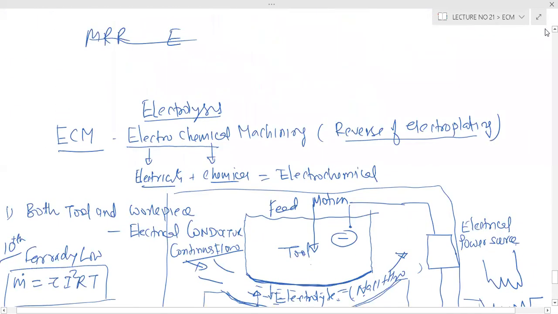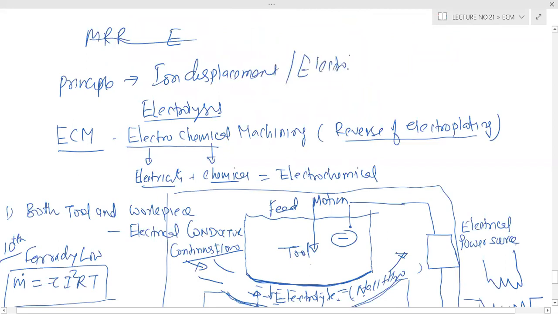The principle is ion displacement, or we can say electrolysis, or movement of ions. That is the same thing: displacement, movement of ions.